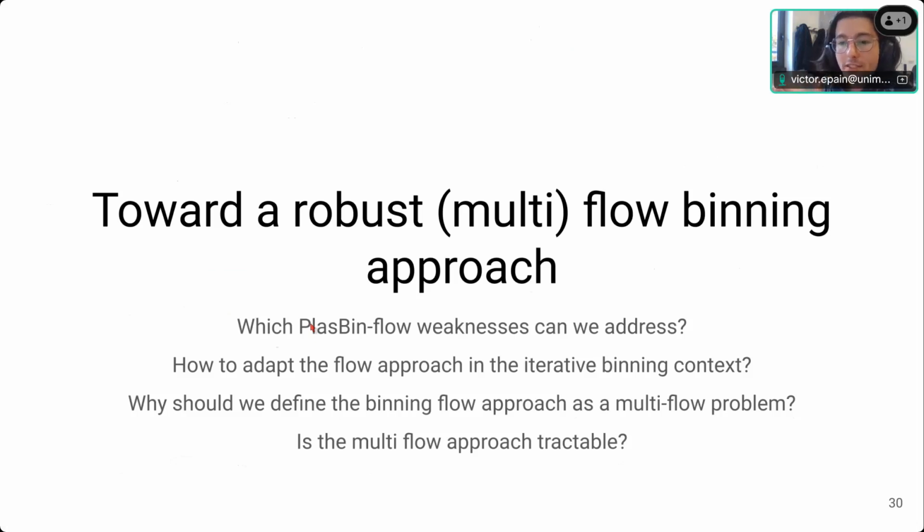We want to keep the iterative flow approach at first. How do we adapt the flow approach, keeping this context? Then we will see that it's not sufficient, and I will answer the question: why should we define the binning flow approach as a multi-flow problem? And then, because we are in mixed integer linear programming and it's already time costly, I will address the difficult question: is the multi-flow approach tractable?